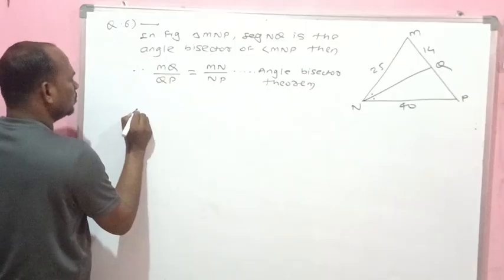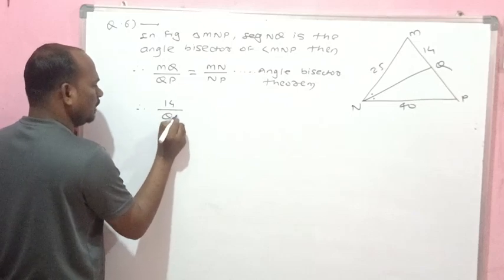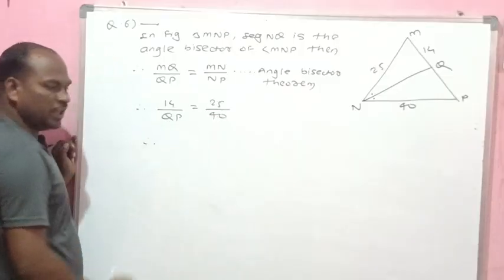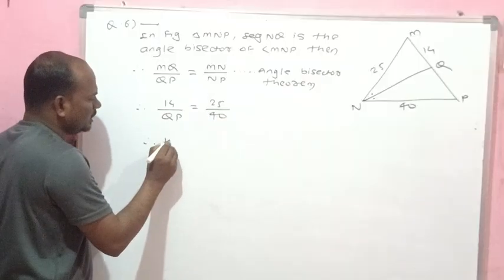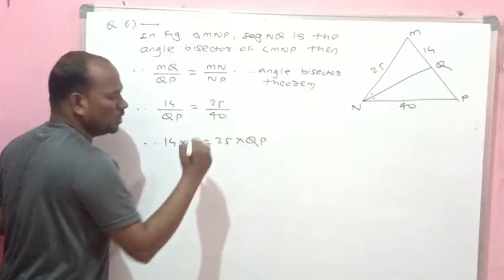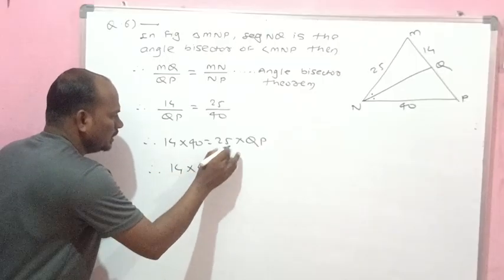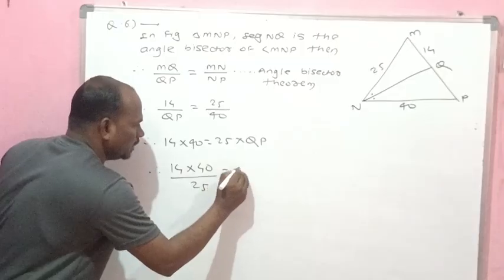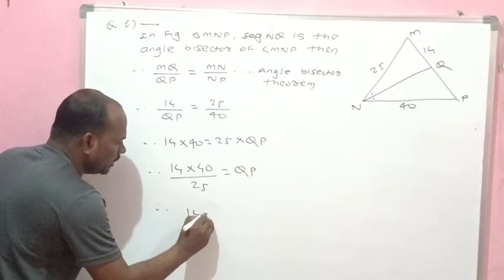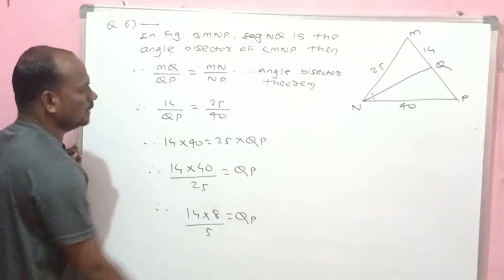Now therefore, MQ is 14. We can find the value of QP. MN is 25, NP is 40. Now therefore, we can take cross multiplication. 14 into 40, 25 equal to QP. Therefore 14 into 40 multiplication divided by 25 is equal to QP. Now we can divide 14 into 5 8s are 40, 5 5s are 25 is equal to QP.